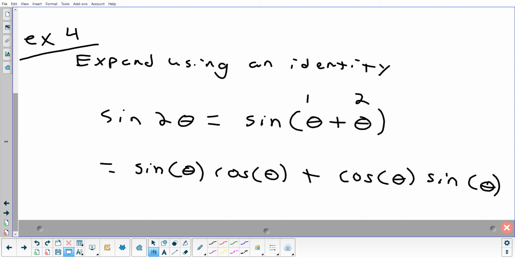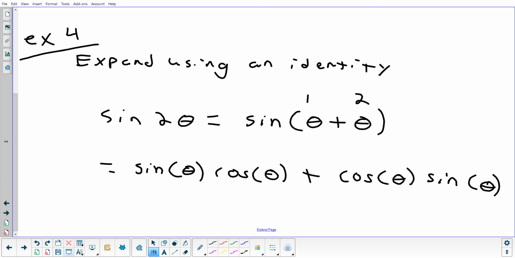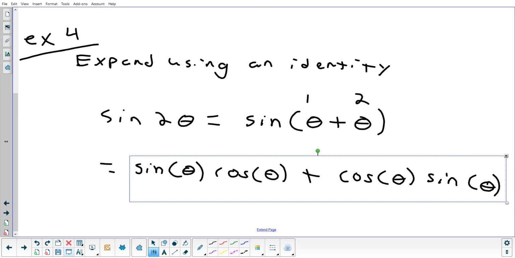And the symbol we put here is the same as what we had there. I have sine times cosine plus another sine times cosine. So what would that simplify to? John? So it's like having x times y plus y times x.